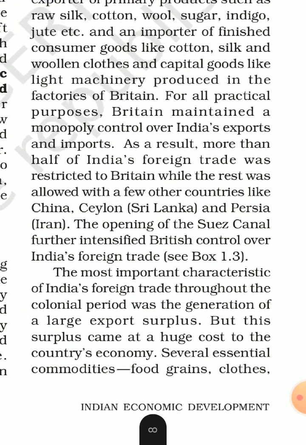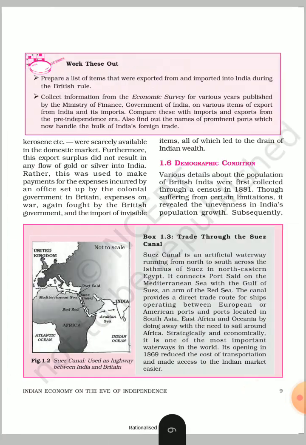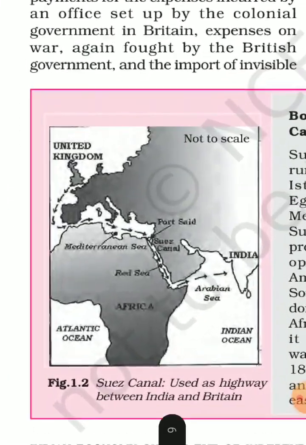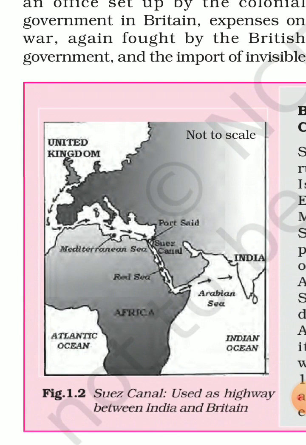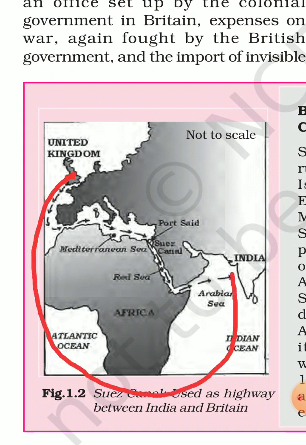Now, next thing that happened: the opening of the Suez Canal further intensified British control. Earlier, what used to happen? This is the map. Earlier from the UK, the import and export used to go all the way around Africa and then to India.